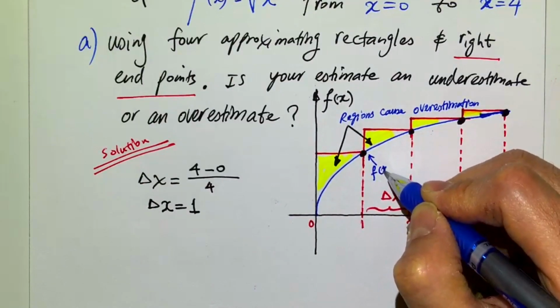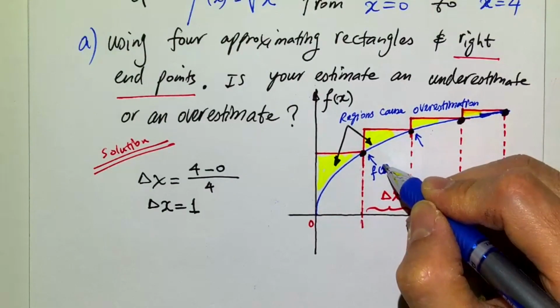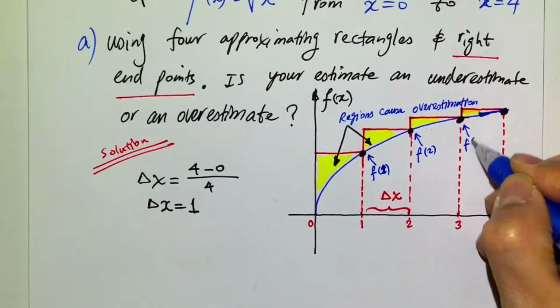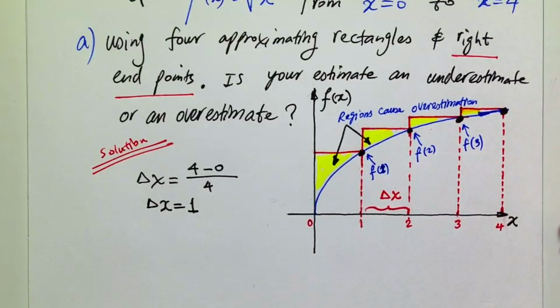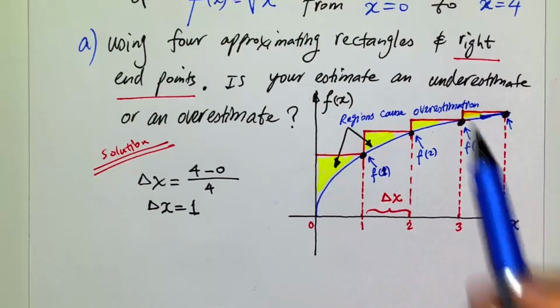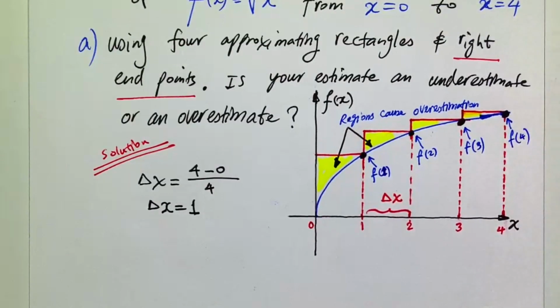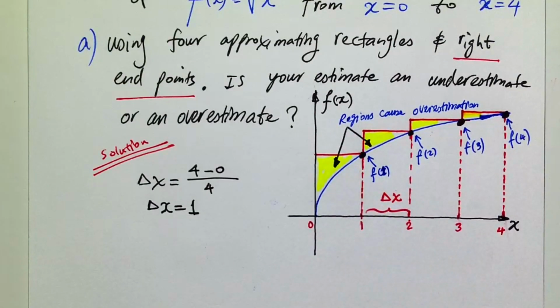So f at 1, f at 2, f at 3, and then we're using the right endpoints, so this would be f at 4. And of course, each one times the delta x.